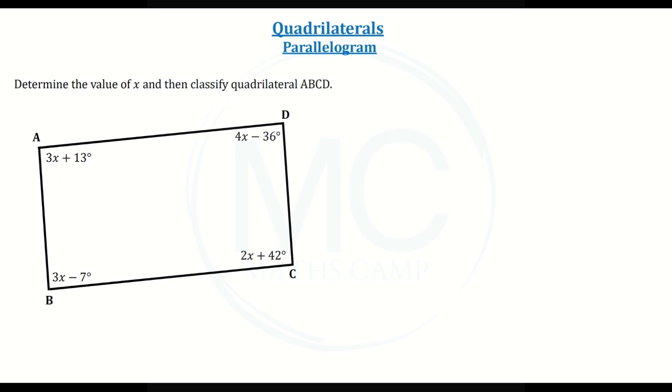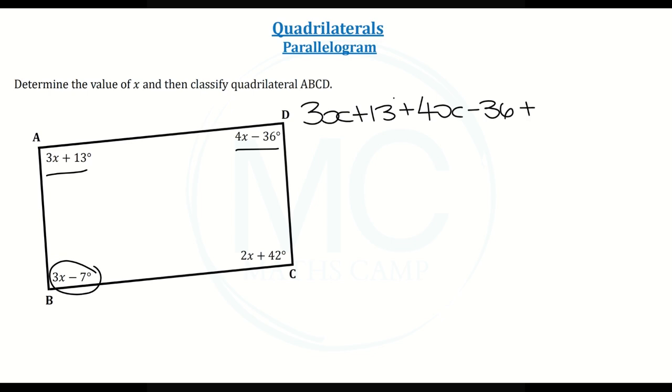So we can say angle A, let's say 3x plus 13 degrees. We have angle D, so we can say plus 4x minus 36 degrees. Angle B, 3x minus 7, so we say plus 3x minus 7.